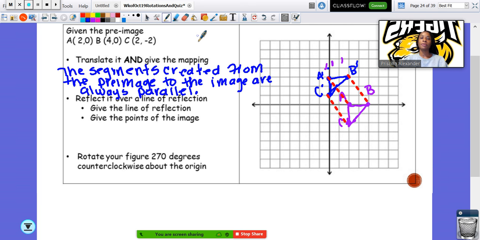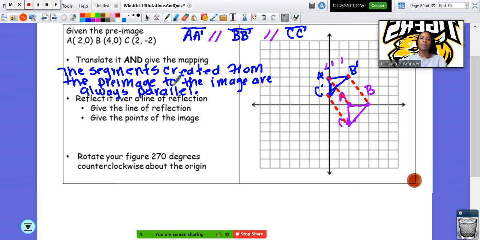So here's the mathematical form of that. So you're going to say segment A prime, and then segment B prime, and segment C prime. They're going to always be parallel to each other. And if you get more vertices, then you're going to have more segments to list. But here is the symbolic form of this word form right here.